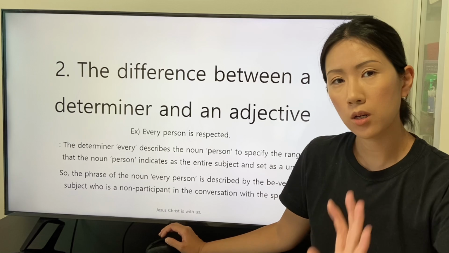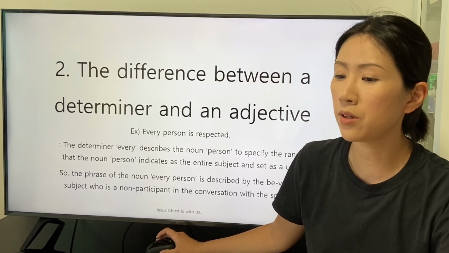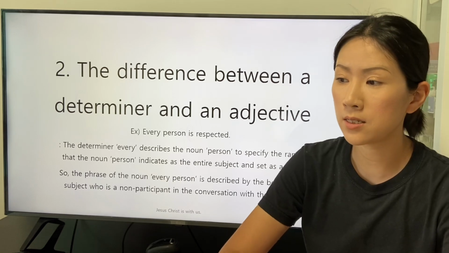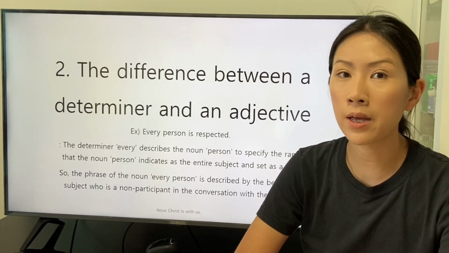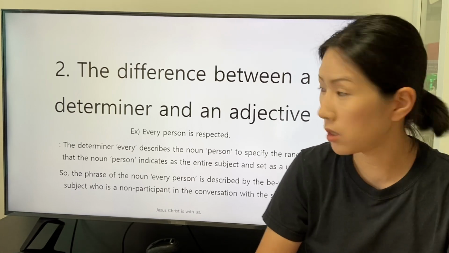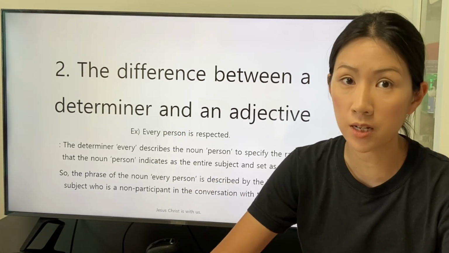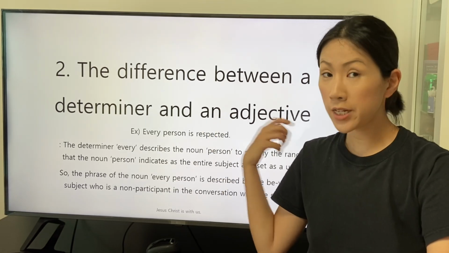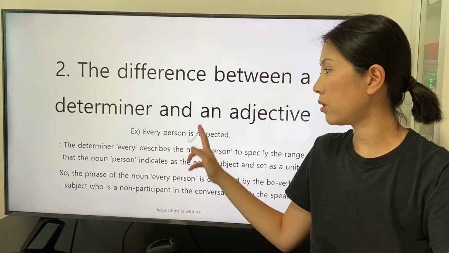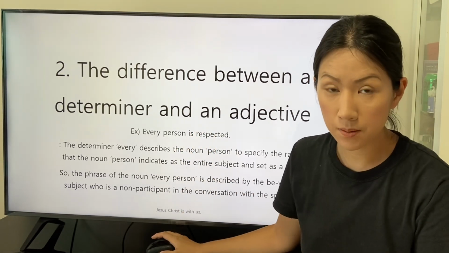The subject who participates in the conversation with the speaker and the listeners is indicated by the personal pronoun, but the speaker applies the general noun to indicate the subject as a whole. The listeners can understand the reason why the speaker applies the form of the be verb is.